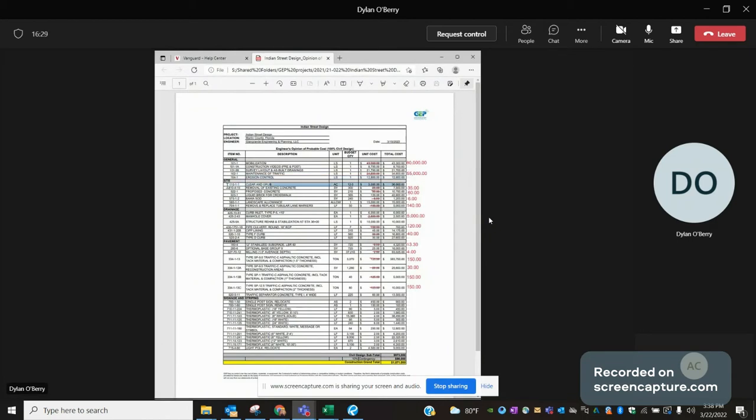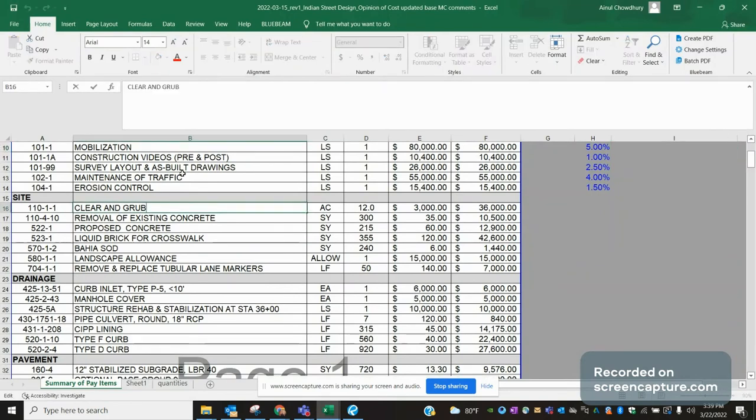All right. So here for clearing and grubbing, I would not change anything, but right here, clearing and grubbing, in parentheses, I would say clearing and grubbing includes removal of brick crosswalks. Okay, let me add it. You can abbreviate some of it so it fits in there.